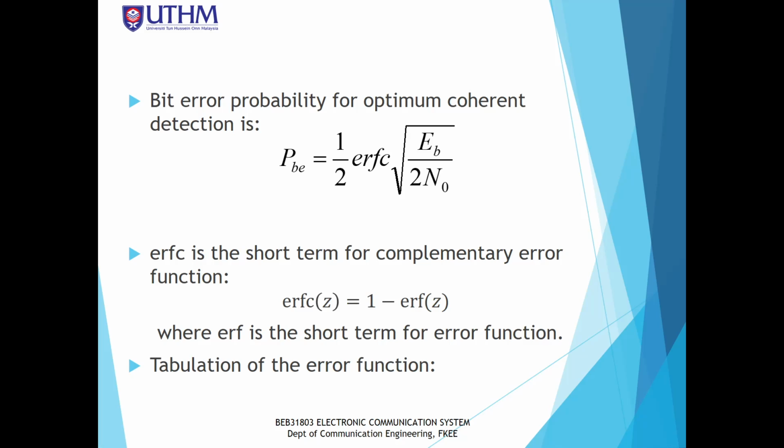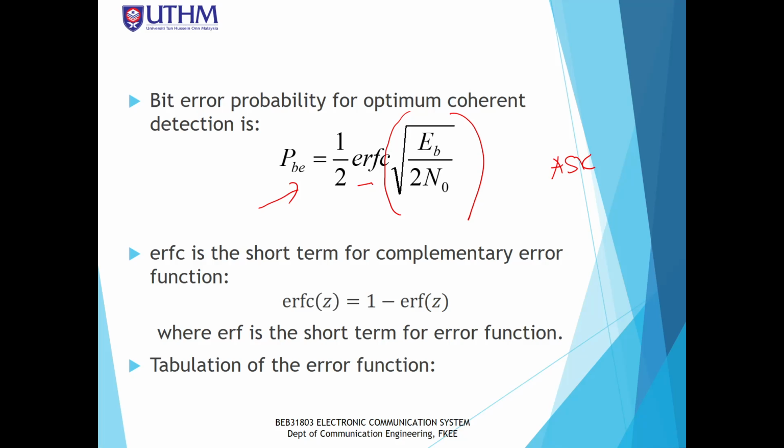So the function is probability of bit error. This is for the ASK. So the probability of bit error for the ASK is equal to ERFC, the complementary error function, of, in brackets, the square root of EB over 2N0.